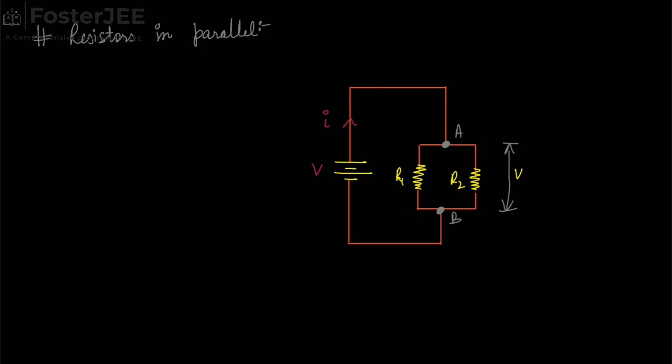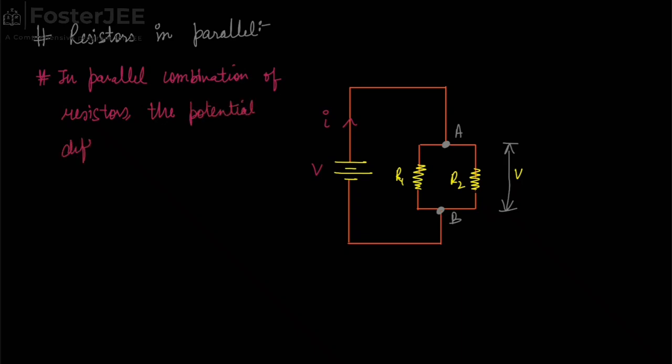So both the resistors will be at the same potential difference, that is V. So we can write: in a parallel combination of resistors, the potential difference across both the resistors is the same.